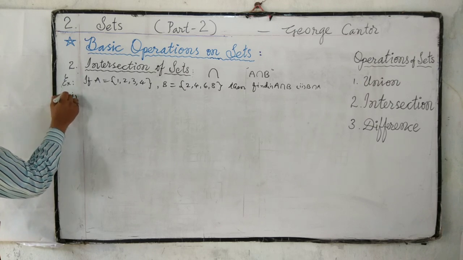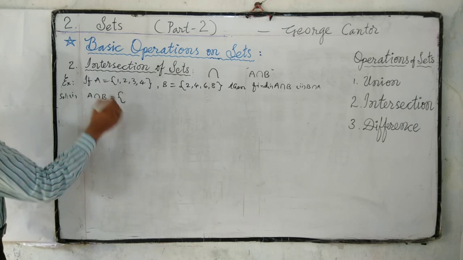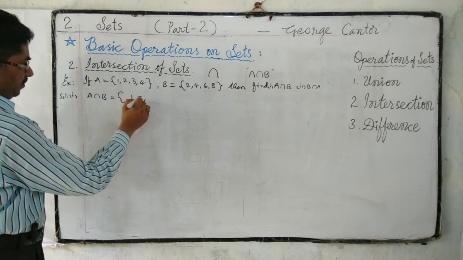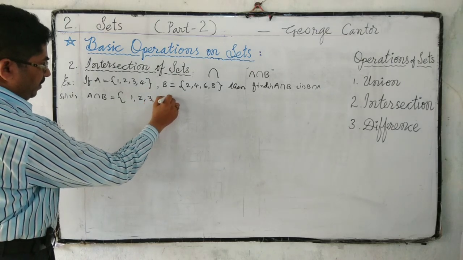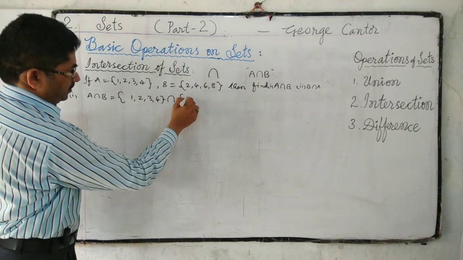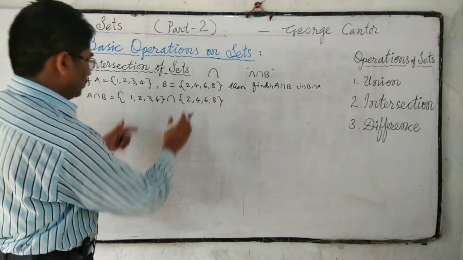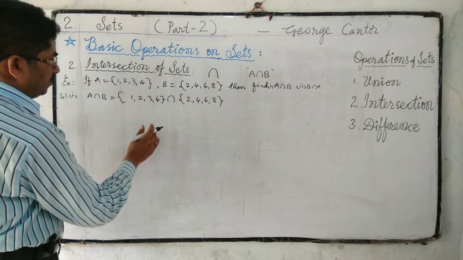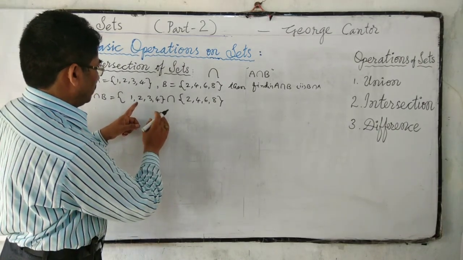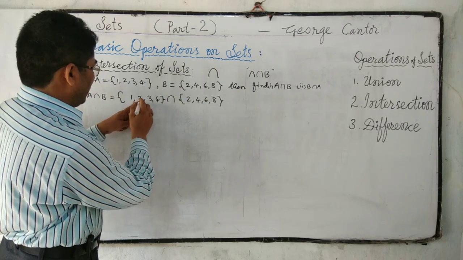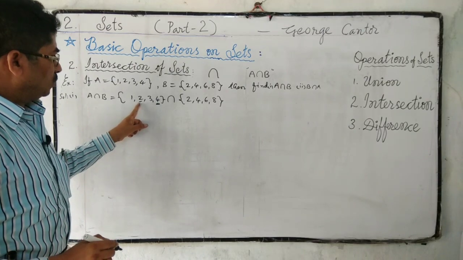First, A intersection B. A is the set of 1, 2, 3, 4, B is the set of 2, 4, 6, 8. These two sets contain only common elements 2 and 4.